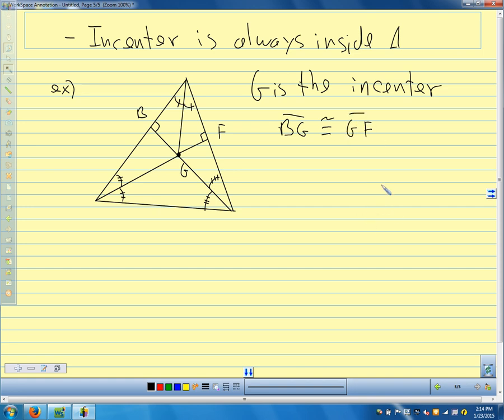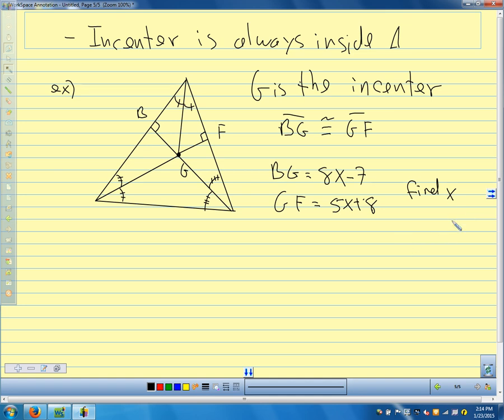All right, so here's what the problem gives us. Here we'd have this picture, and the problem would say BG equals 8x minus 7, GF equals 5x plus 8. Find x. So what do we do?